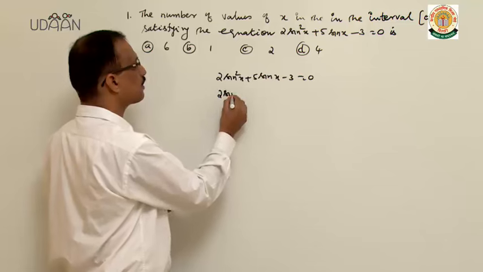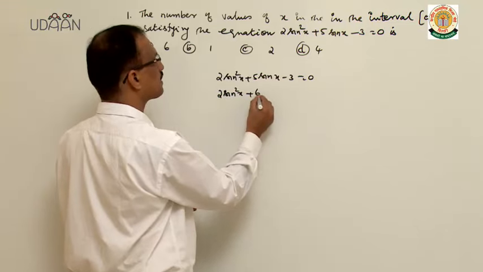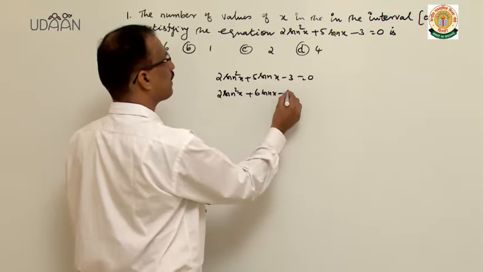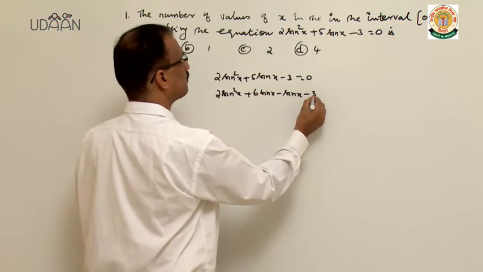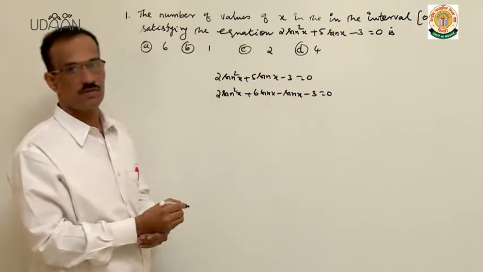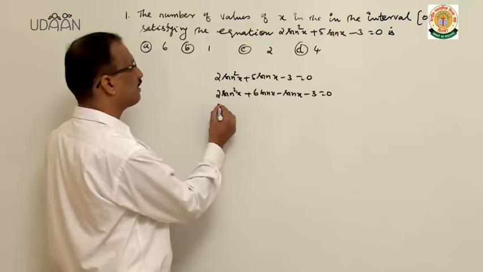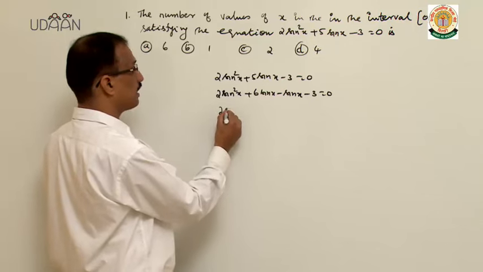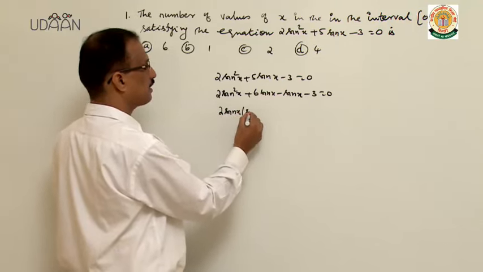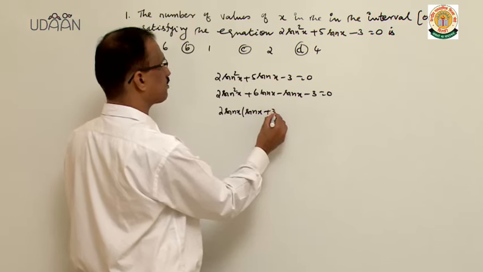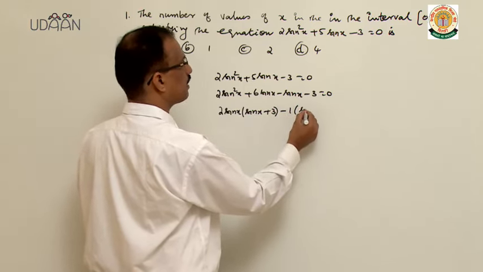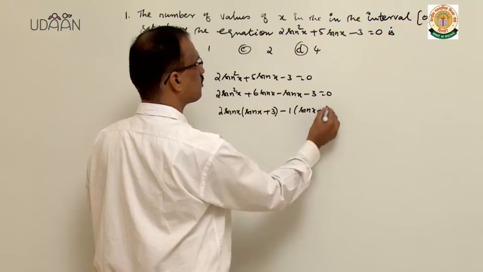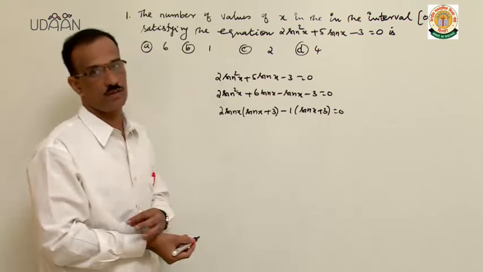So 2 sin²x + 6 sin x − sin x − 3 = 0. And then if you group it, you get 2 sin x (sin x + 3) − 1 (sin x + 3) = 0.